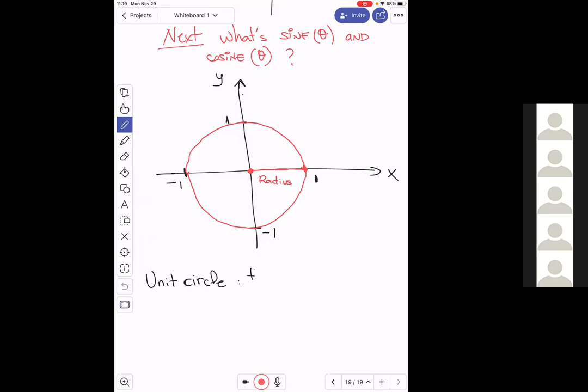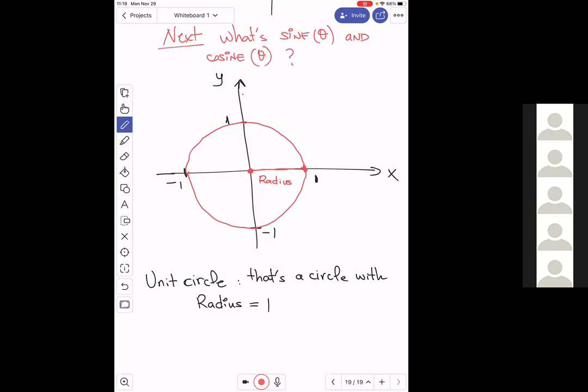So that's a circle with radius equal to 1. Okay, it's just 1 unit of the radius.